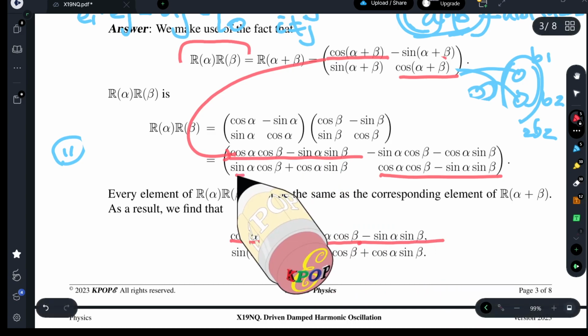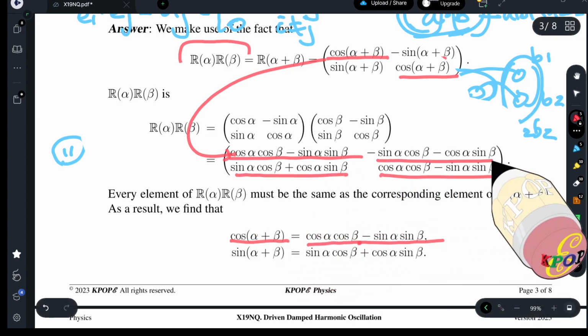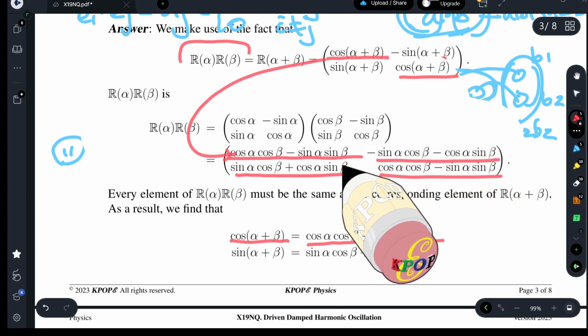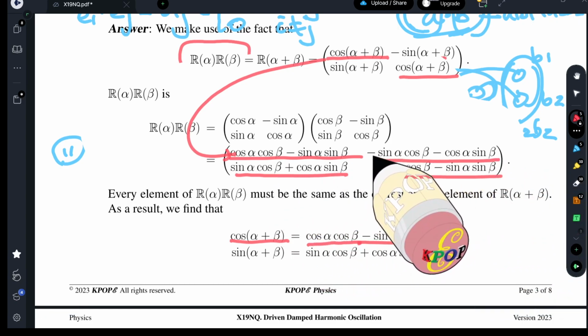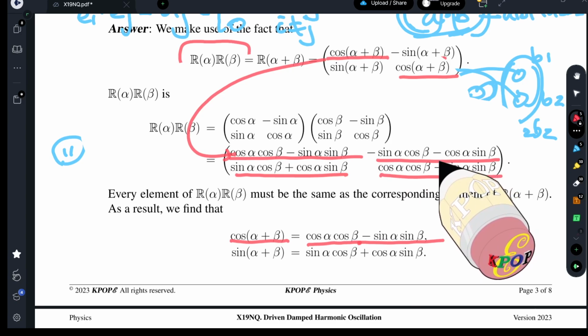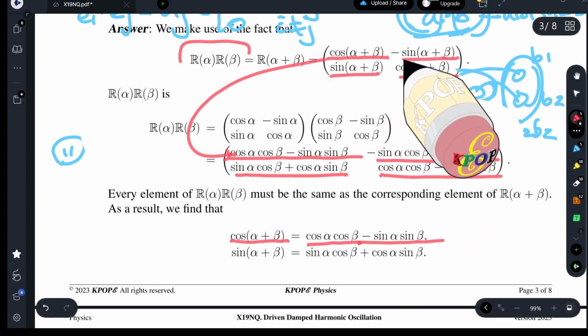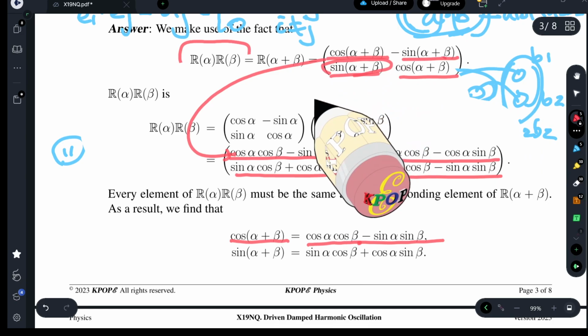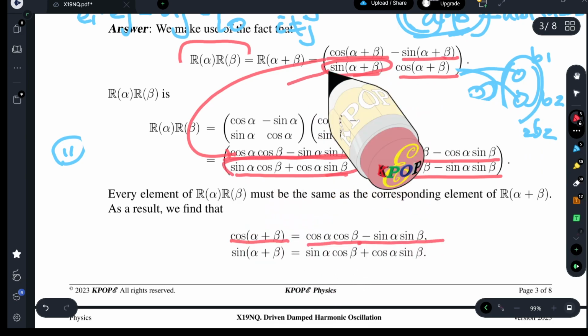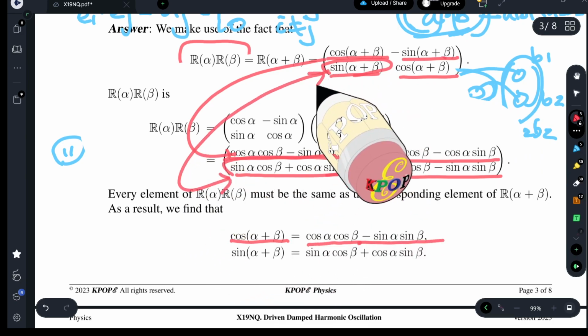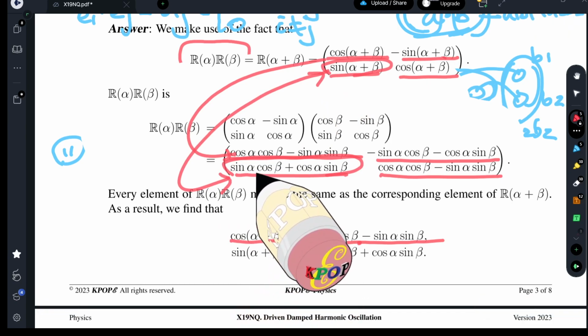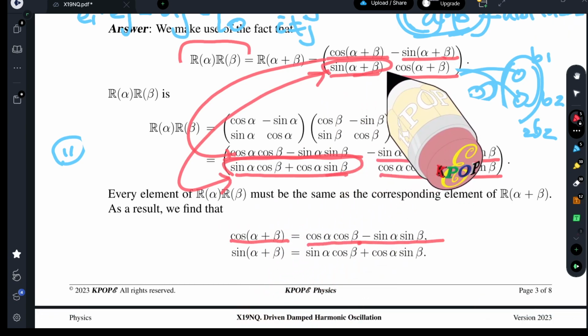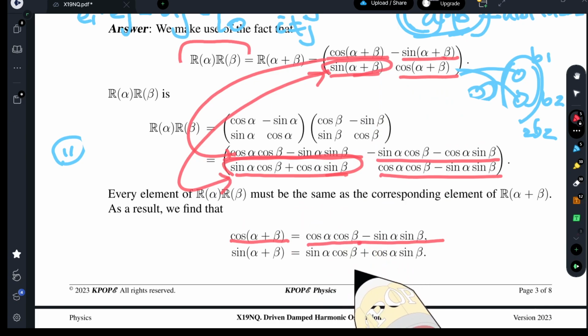Next one, this one and this one, they are the same except that their signs are different. Just like that. So I can compare these two to find that sine of alpha plus beta equals sine alpha cosine beta plus cosine alpha sine beta.